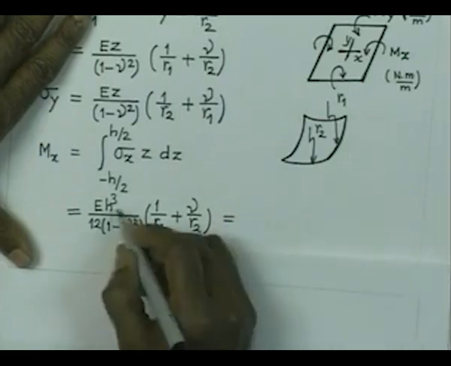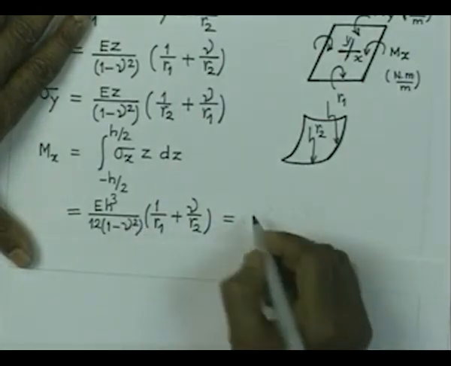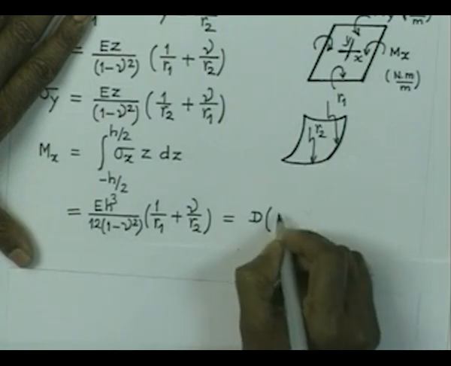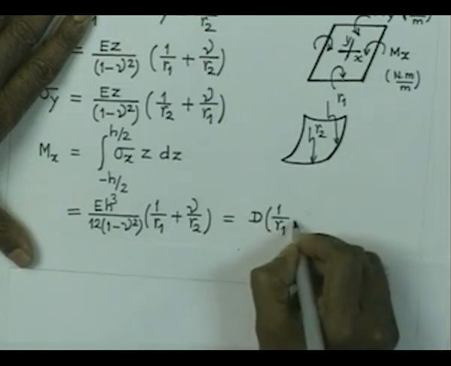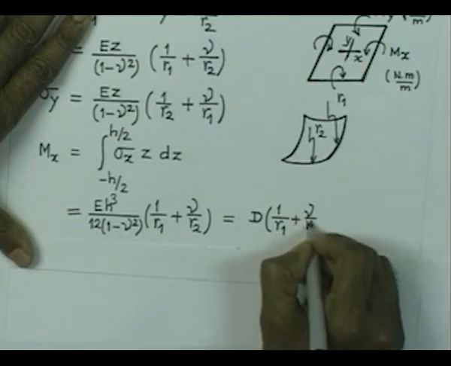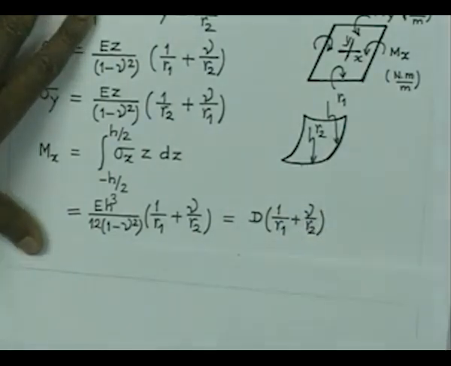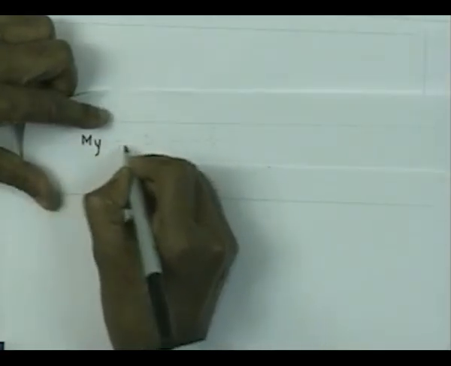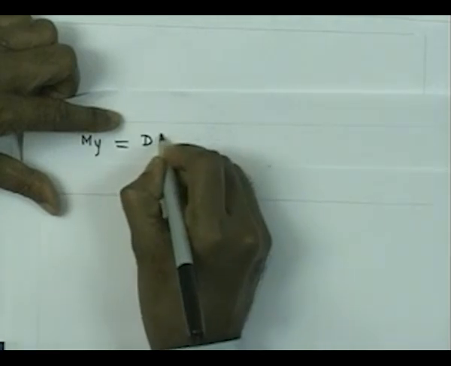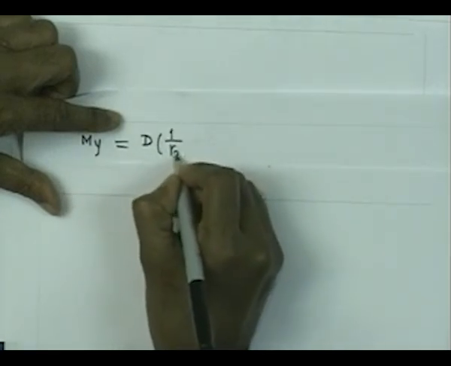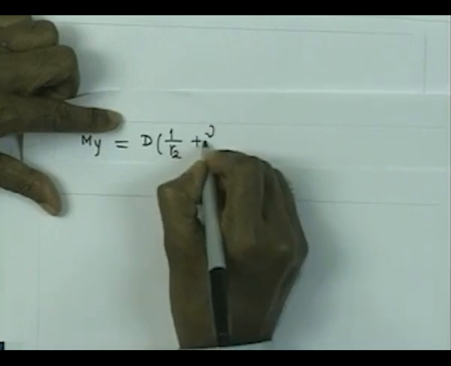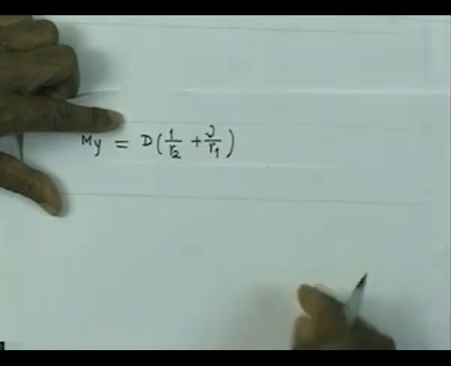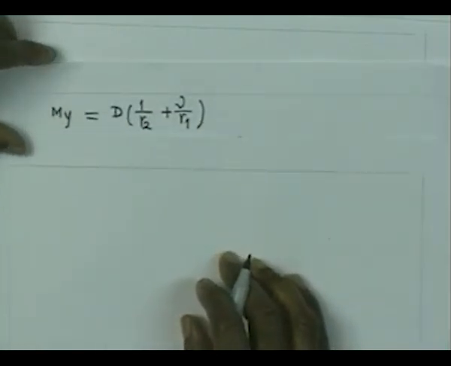If we represent E h cube by 12 into 1 minus nu square by D, the modulus of rigidity, then Mx is D into 1 by r 1 plus nu times 1 by r 2, and by similar consideration we can write My is equal to D into 1 by r 2 plus nu times 1 by r 1. So, these are the two moment curvature relations.